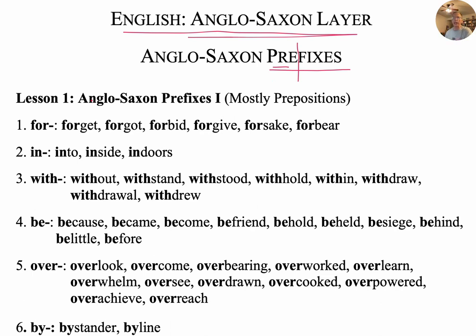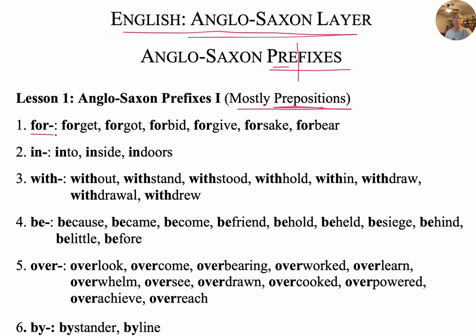And so we're going to be looking at Anglo-Saxon prefixes in this lesson. And most of these, by the way, are prepositions. Prepositions are words often showing location like above, under, through, by, around, and so on.